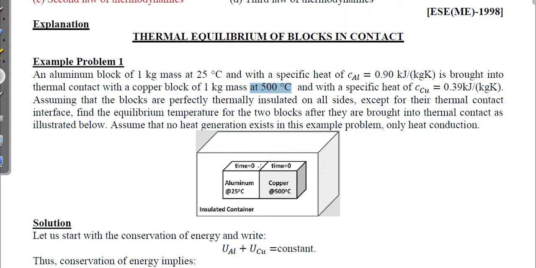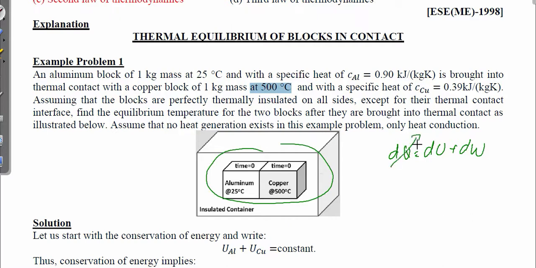We have thermally insulated the blocks, and only one face is in contact, on which the heat transfer will take place. So from the first law of thermodynamics, dQ equals dU plus dW. If you take the complete system, the thermally insulated container, dQ equals 0 and work done will be 0, so internal energy will be constant: U2 minus U1, final internal energy equals initial internal energy.